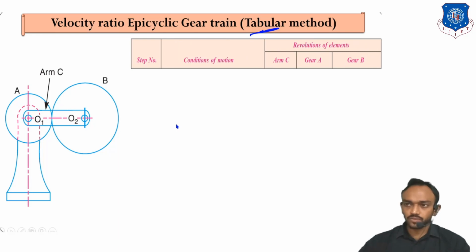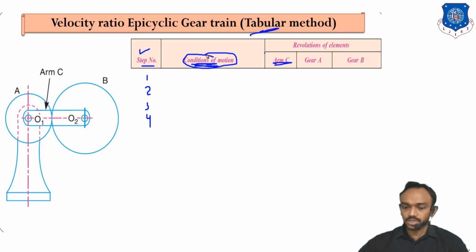Let's start. First of all, you have to make this table. How many columns will be there? First of all, the serial number, or you can say step number. There are 4 steps: 1, 2, 3 and 4. After that, the condition of motion, and then the arm.